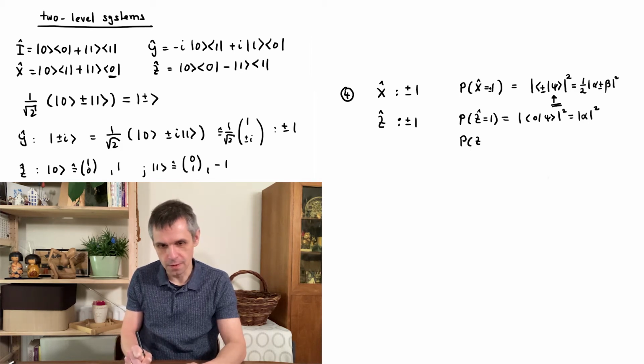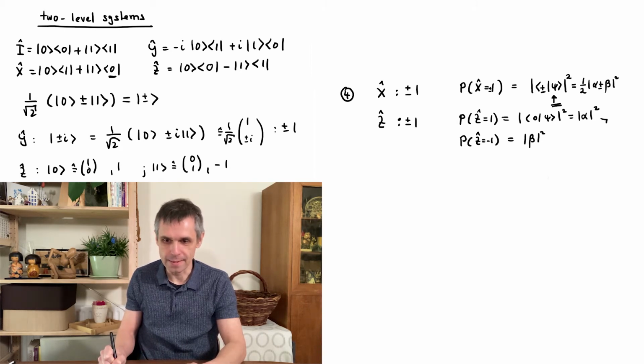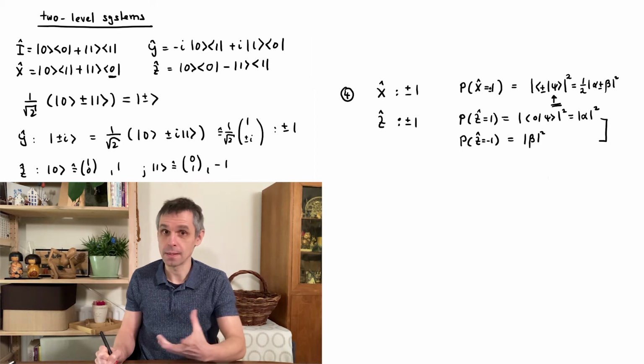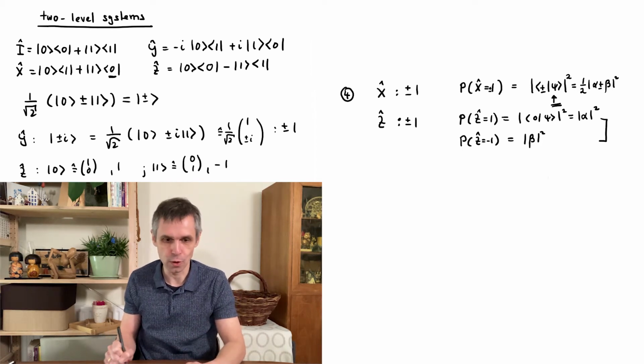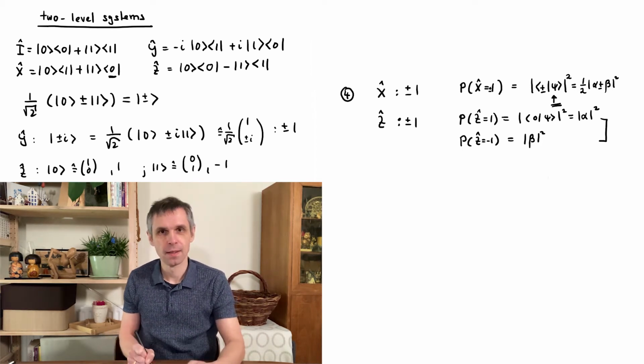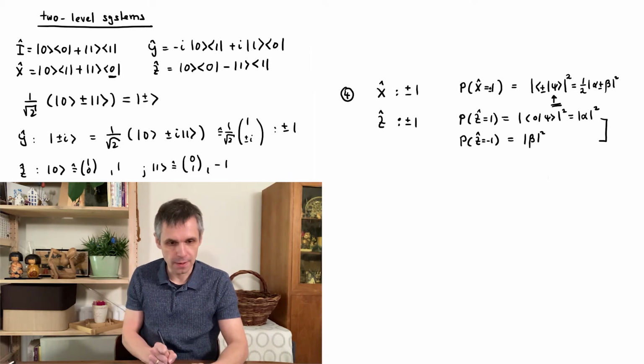And for the other possible outcome, -1, we then obtain just beta absolute value squared. And the sum of these is indeed again 1, just by the normalization of our original quantum state. And from there we can then also work out expectation values, either just using these probabilities or our general expressions.